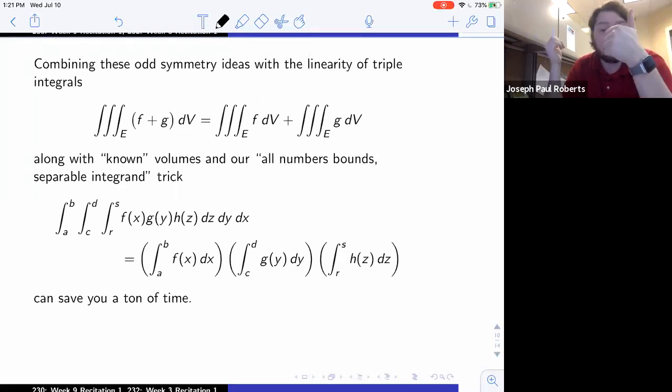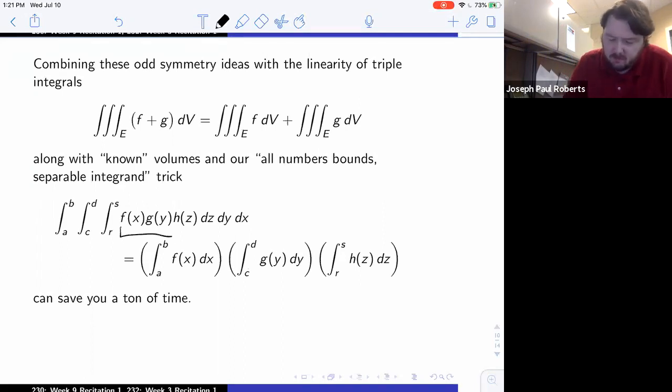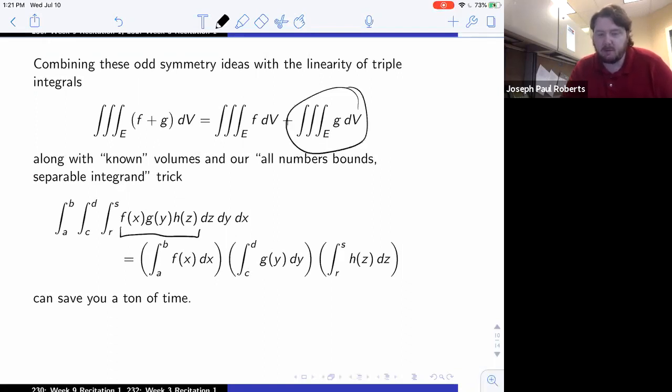And so if you combine this with the fact that there are some triple integrals we immediately know because they correspond to known volumes, and then finally, if you have numbers as all your bounds and you have separable integrands. So not every function of x, y, and z could be written like this. But maybe after you've split up one of these, you can.